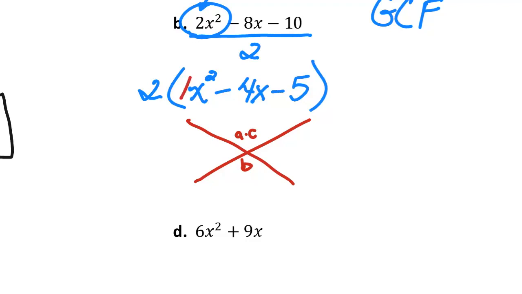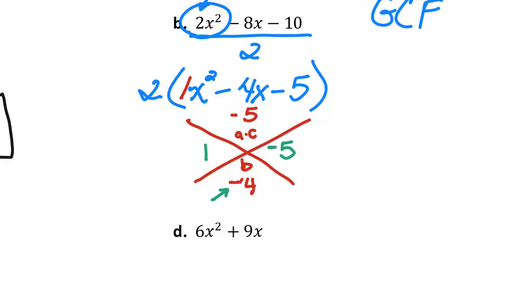Your a value is 1. 1 times negative 5 is negative 5. What's your b value? Negative 4. Thank you. So I'm looking at factors of negative 5 that add to give you negative 4. Well, what's the only factors of 5? 1 and 5, right? And if I want a negative 4, which one's going to get the negative?